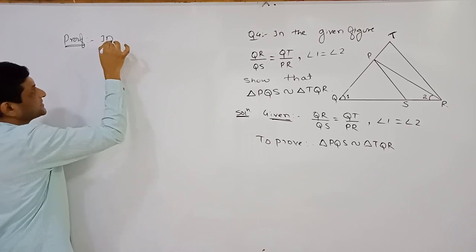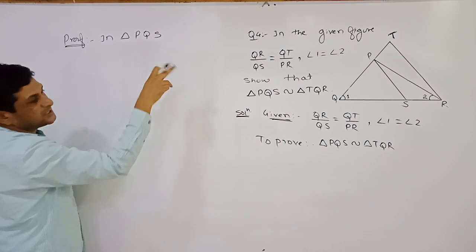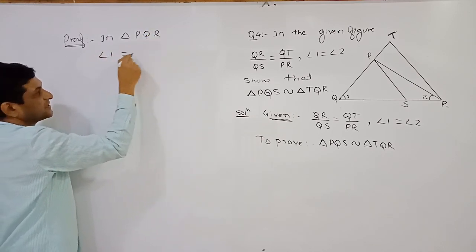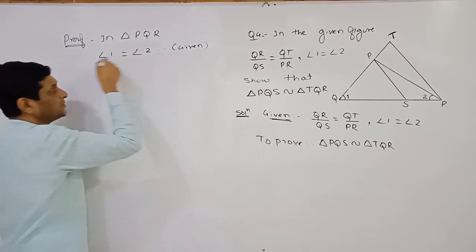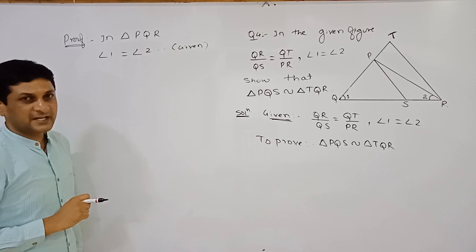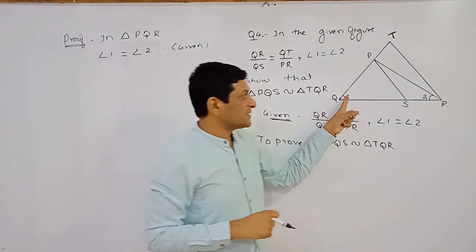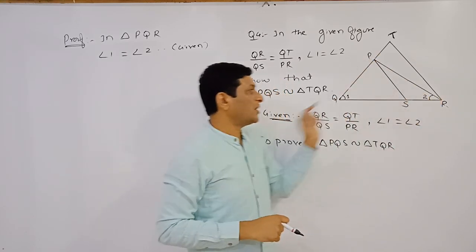So first we are considering triangle PQR. In this triangle, what is the given condition? Angle 1 is equal to angle 2. It is given condition. And we know that in a triangle, if two angles are equal, then sides opposite to them are also equal. Side opposite to angle first is PR, and side opposite to angle 2 is PQ.